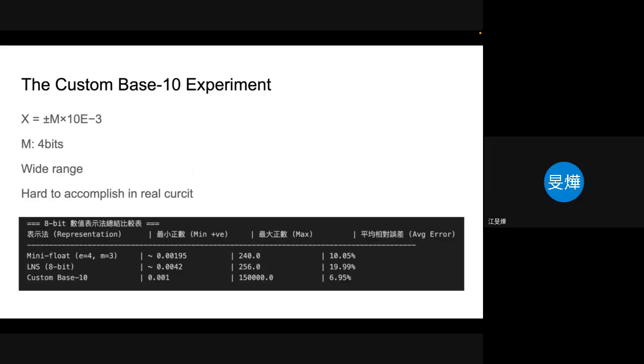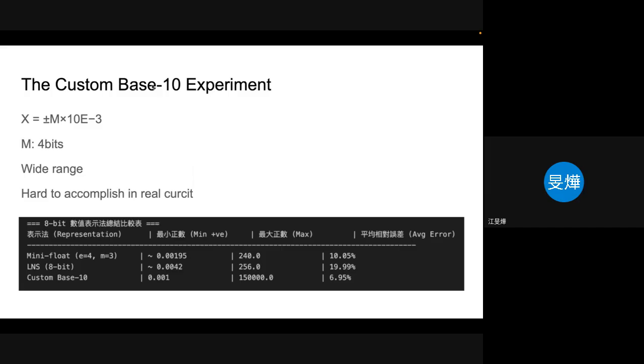Okay, so we go on. I chose a custom base experiment, like a base in scientific notation format, just to push the boundary even further.